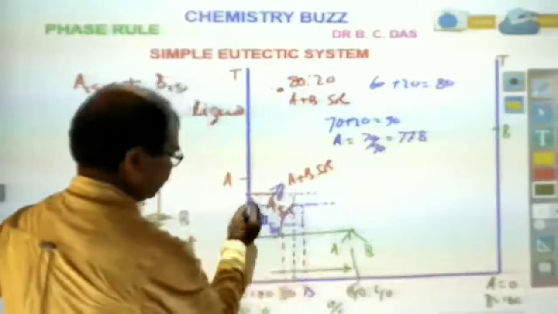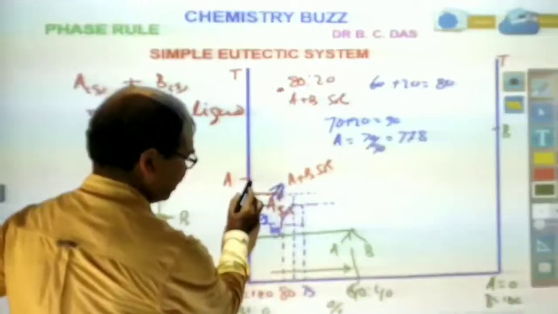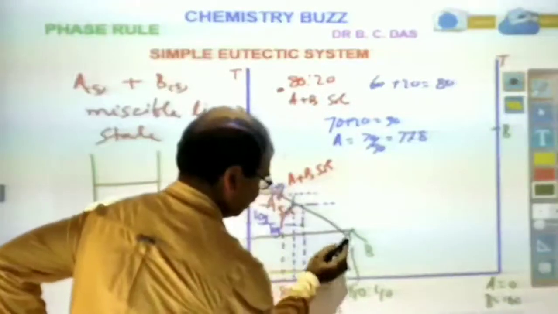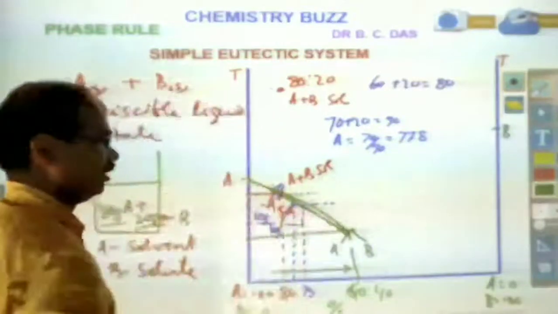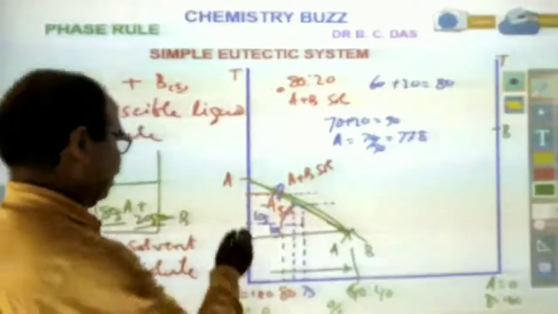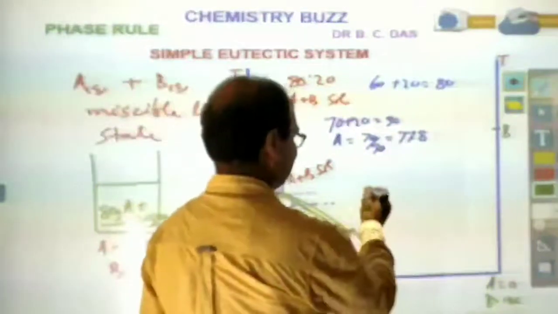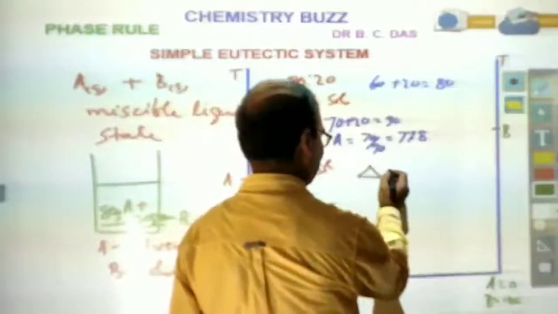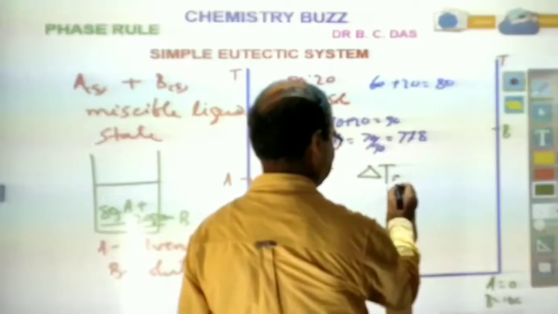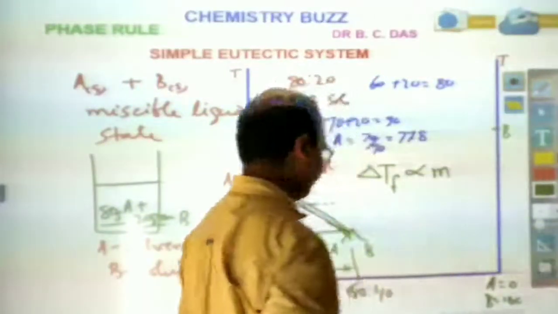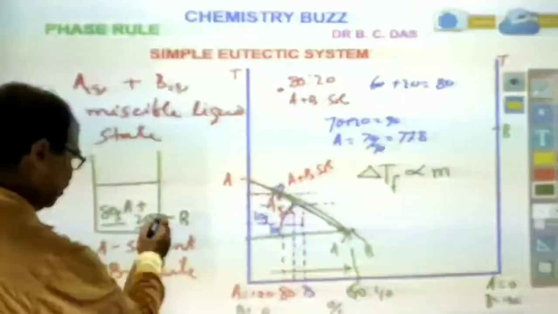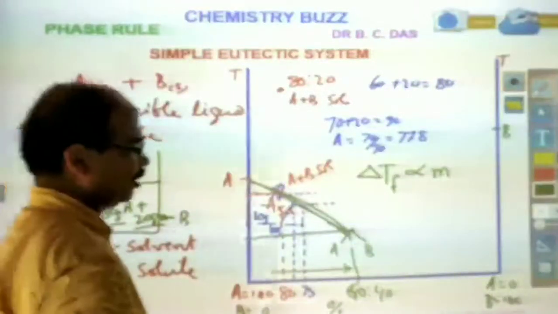If we connect these points, a curve will be obtained. This is the freezing point curve, and the lowering of temperature is according to the colligative property: delta T is proportional to the molality of the solution, where B is the solute and A is the solvent.